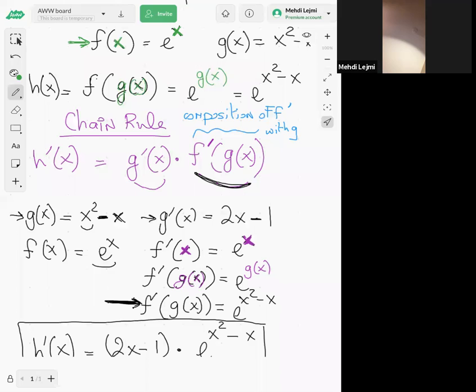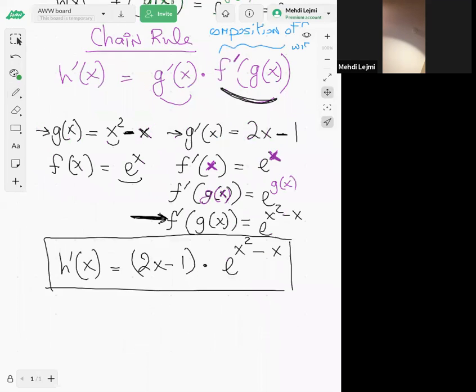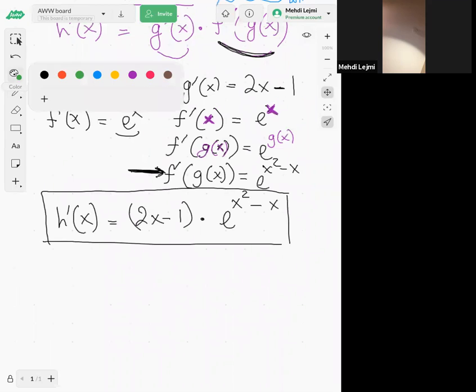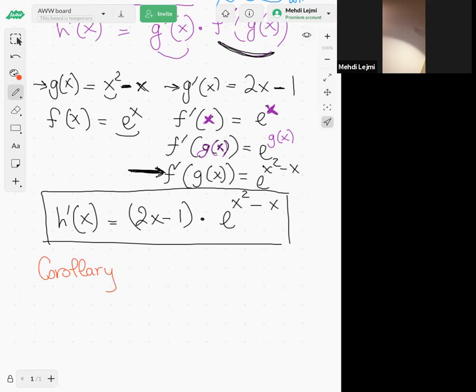And actually, we can deduce a rule whenever we have a function which is of the form e to some function. So we have here a corollary.